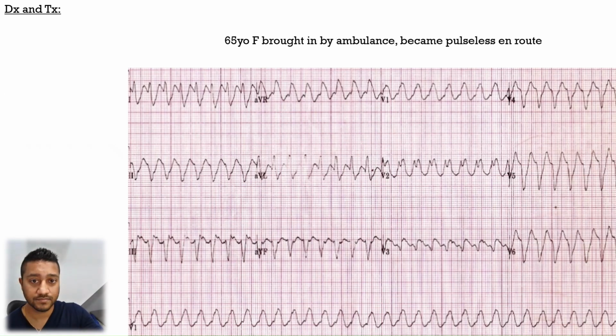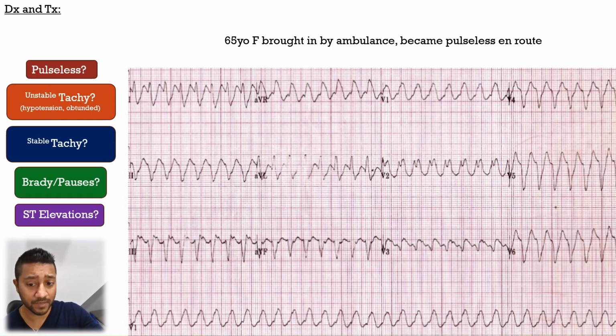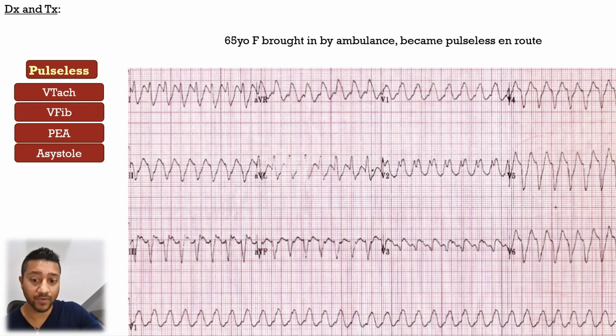So what if you're dealing with this patient instead, who has kind of the same EKG, right? But is pulseless as they're being brought into the hospital. Well, when you're dealing with someone who is pulseless, we know that we only have really four possibilities. We're either dealing with a VTach, VFib, PEA, or asystole.